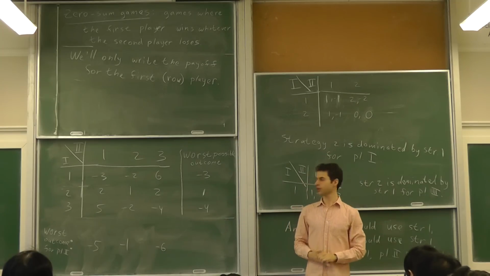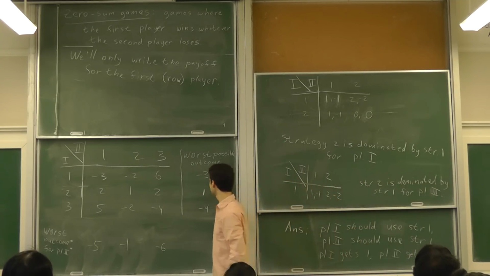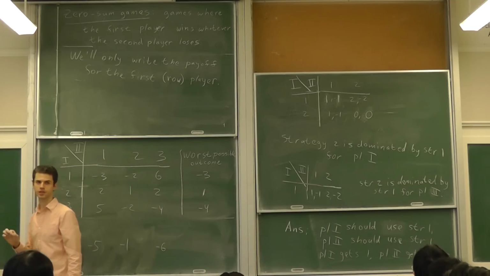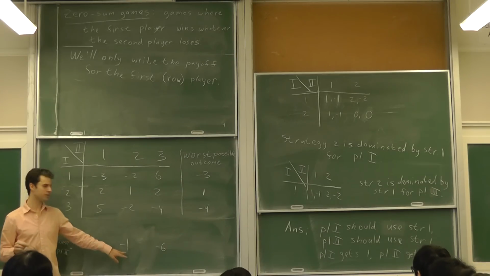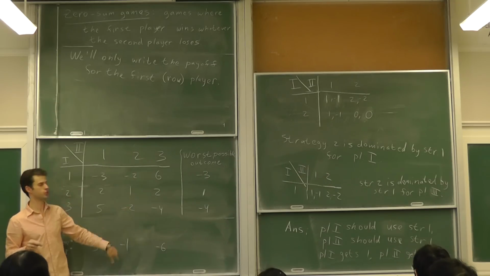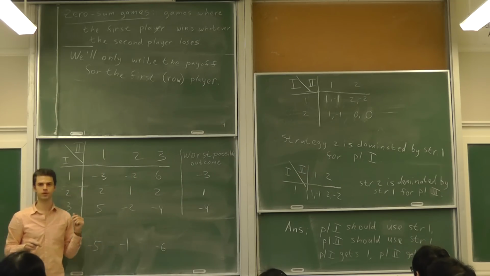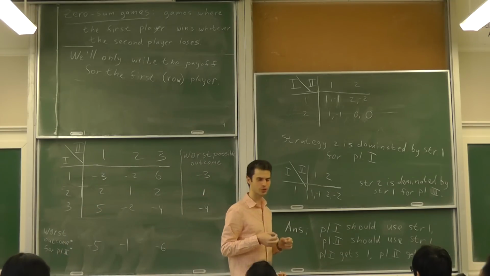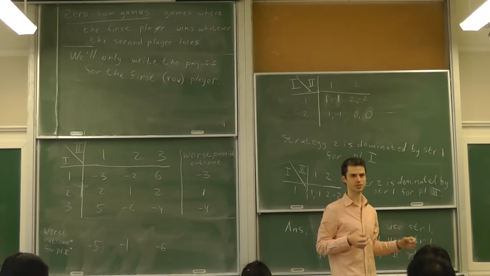Well, now look. The first player realizes that he can guarantee to win at least 1. The second player realizes that he can guarantee to lose no more than 1 by just playing strategy number 2. But we also know that whatever the first player is going to get will be whatever the second player is going to lose.